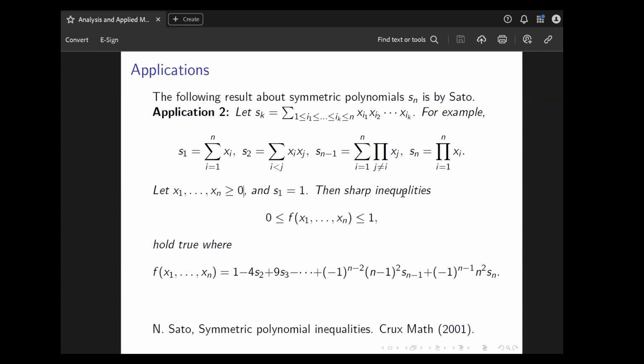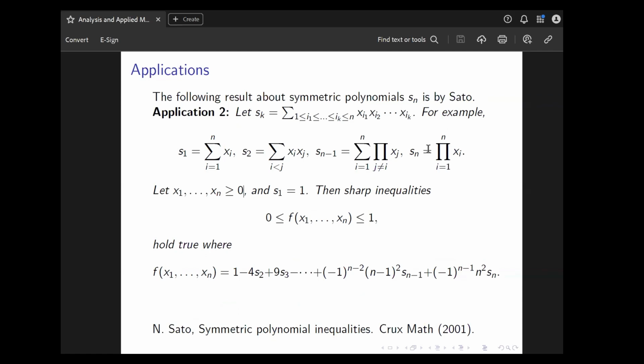Another application is this very old result. So it is about symmetric polynomials. You know symmetric polynomials. S1 is just the sum of the numbers. S2 is the sum of the pairwise multiplications. Sn minus 1 is the sum of all products, each of which misses one xi.